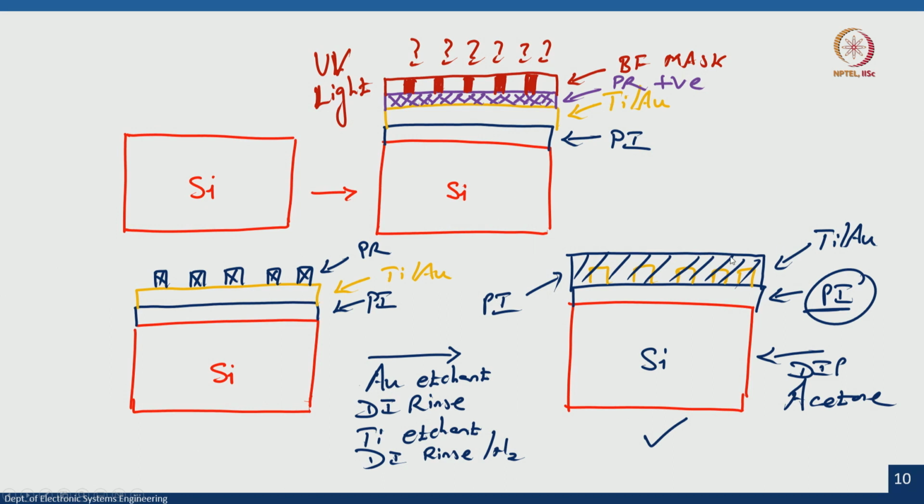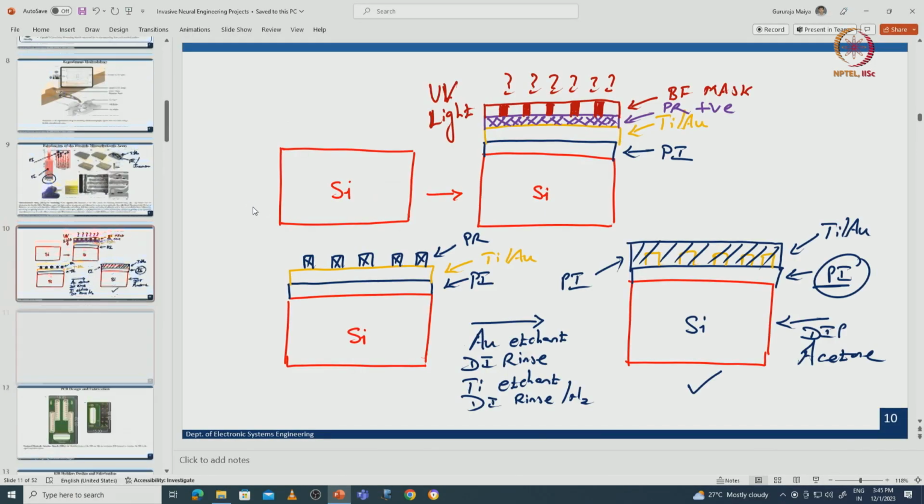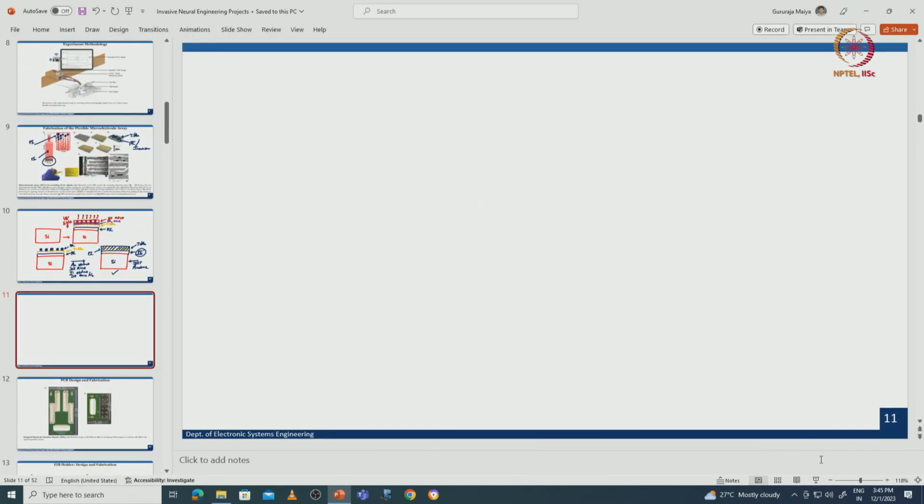Now you have PI, and now you have to create a window, so that you can etch the PI from the substrate. So, let me now draw.